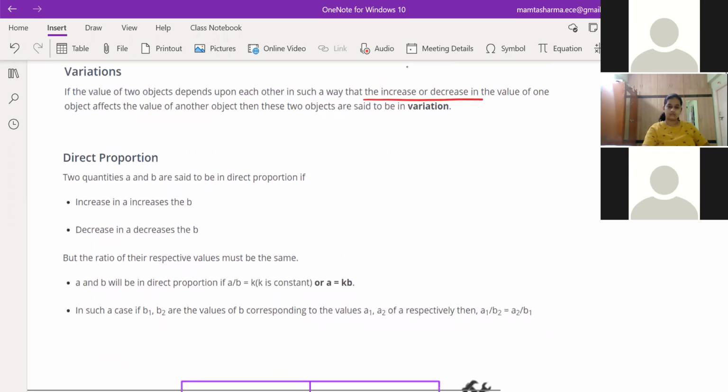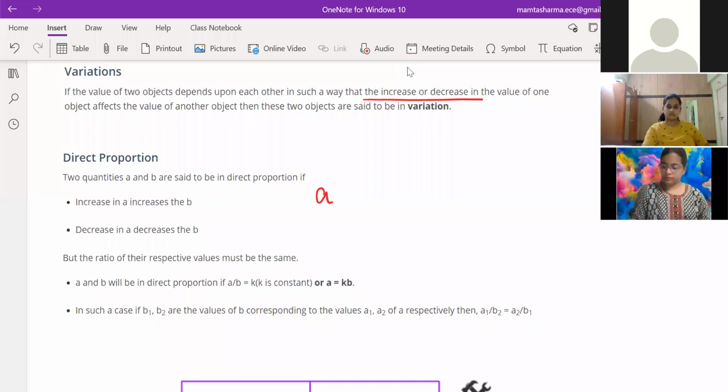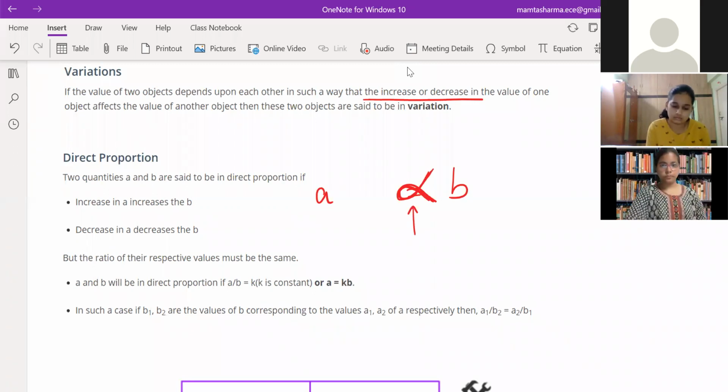Now we will see direct proportion. I have already told you that if I have two quantities A and B in direct proportion, then we will write them using this symbol. This symbol shows that they are in direct proportion. This is the directly proportional symbol.